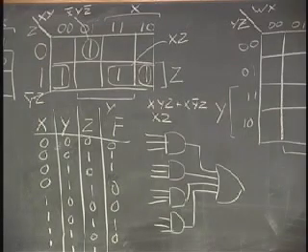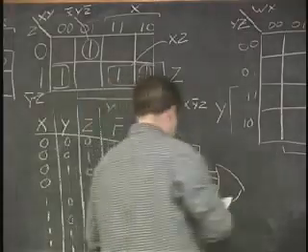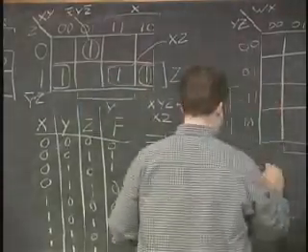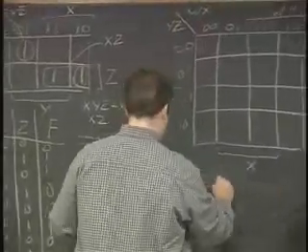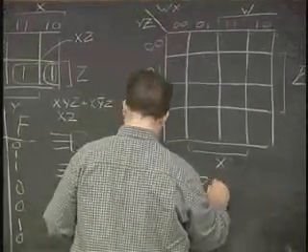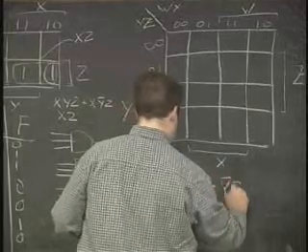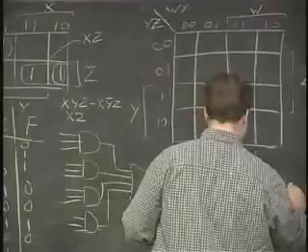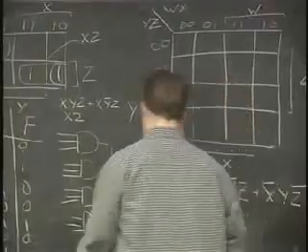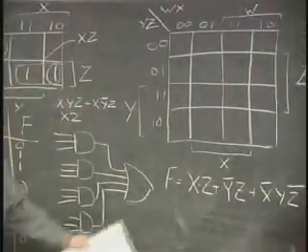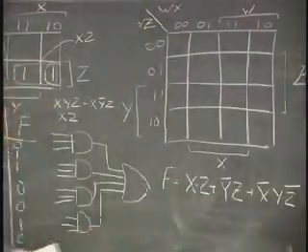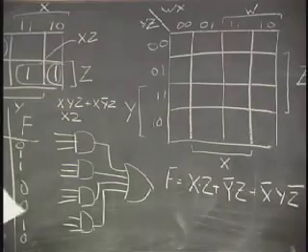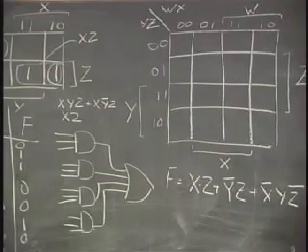So our new expression is f equals x and z plus not y and z plus not x, y, and not z. This here is equivalent to this, which would have been, do you want me to write out the four terms to show you what we've simplified?